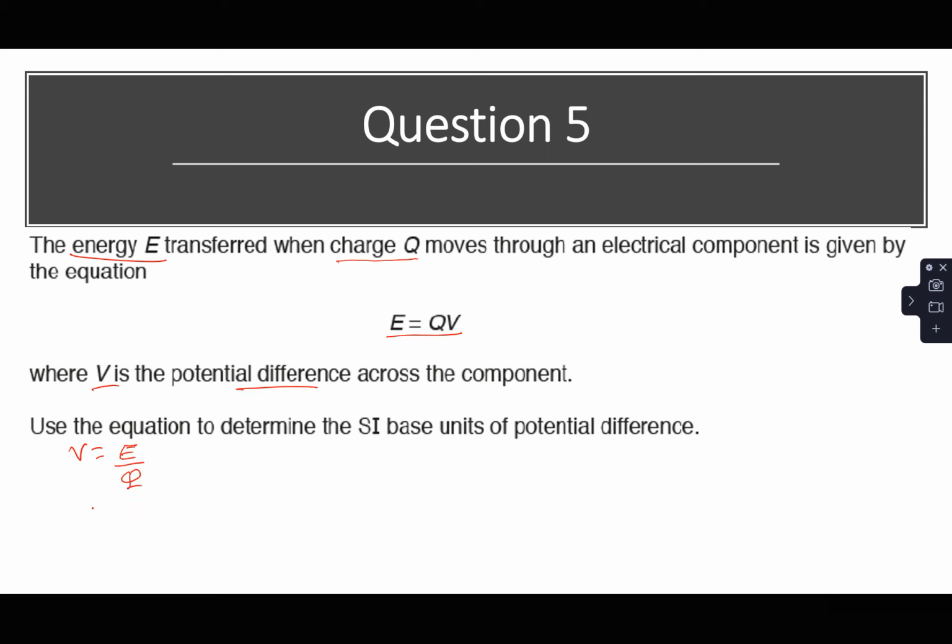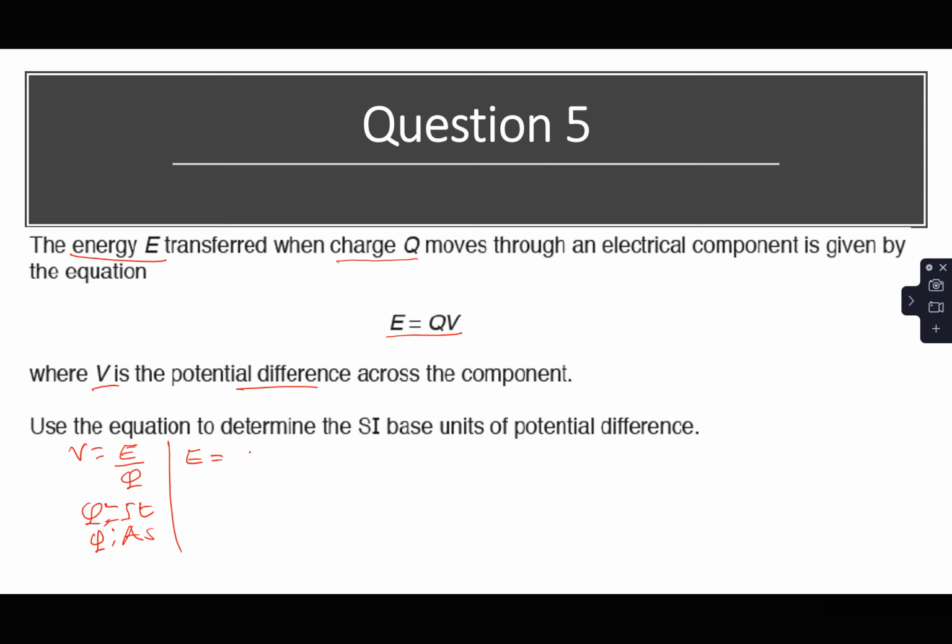Remember, Q is defined as charge. So the base units of charge, because charge is current times time, are going to be ampere times seconds. Then I have E. E is energy. I can use any formula for energy, whether it is kinetic energy, potential energy, or elastic potential energy. I know it will give me the correct base units of energy. I can also think about energy as work done, because work done is energy in motion.